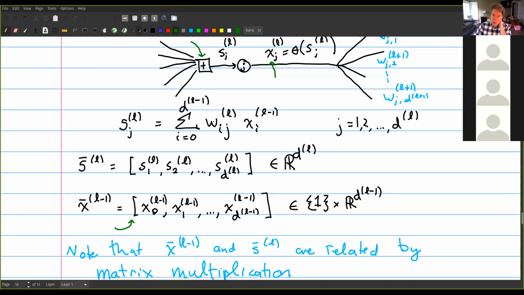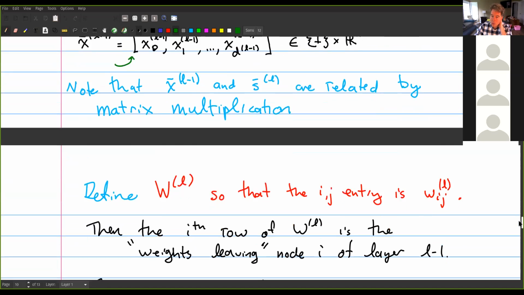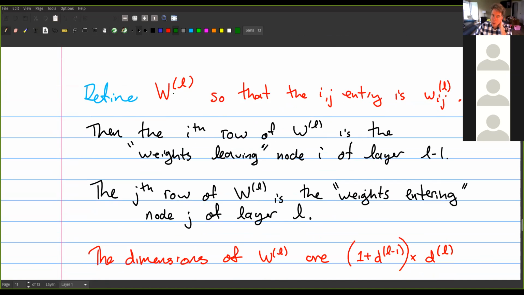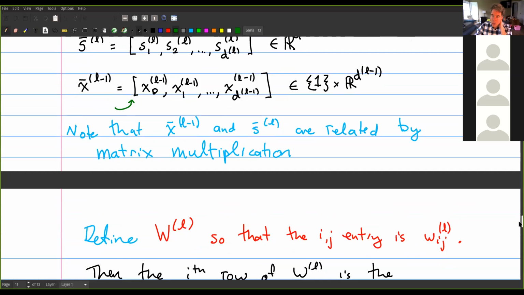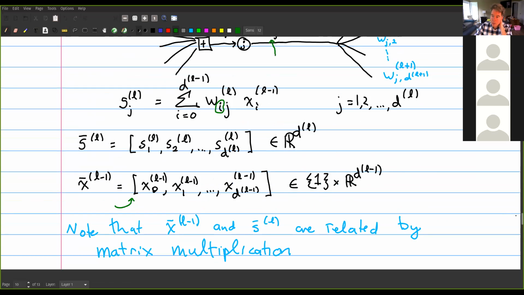And the other thing that's being dotted in here: if you let i vary with a fixed j, that gives you a vector of weights, and this will be a certain row of a certain matrix, which will be W^L transpose.